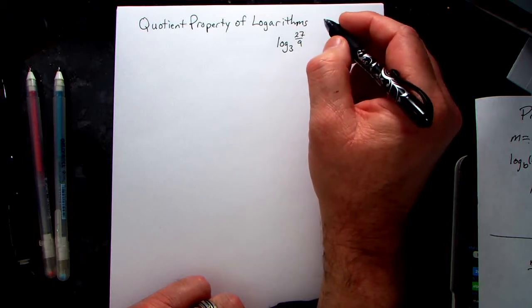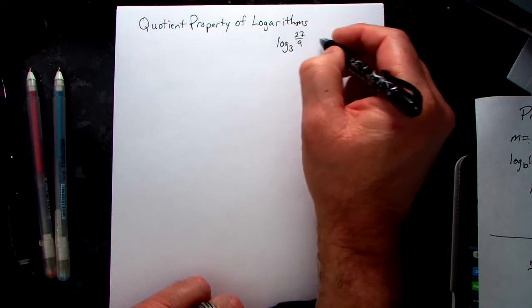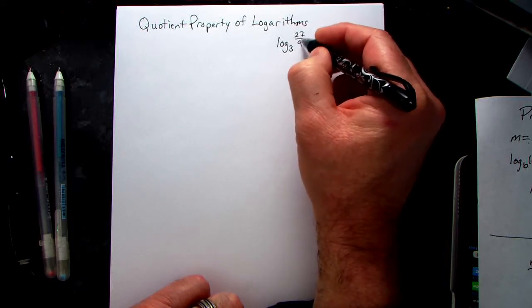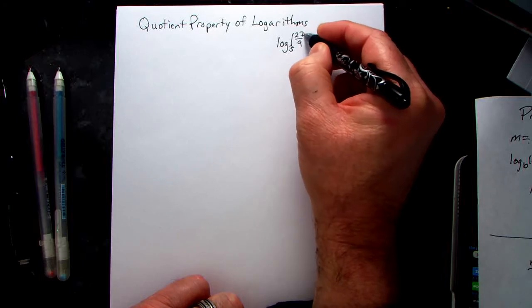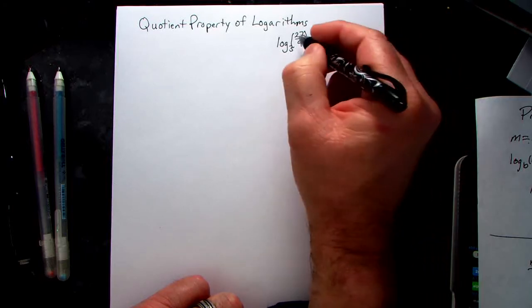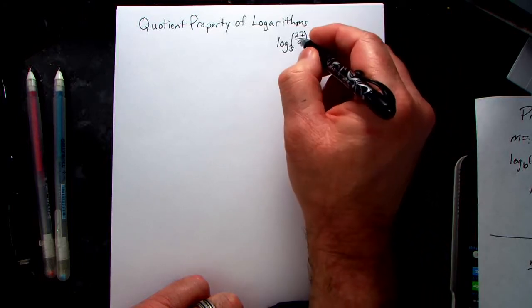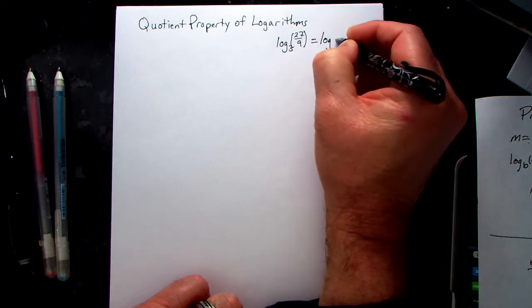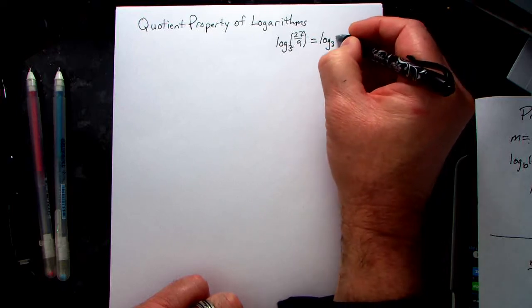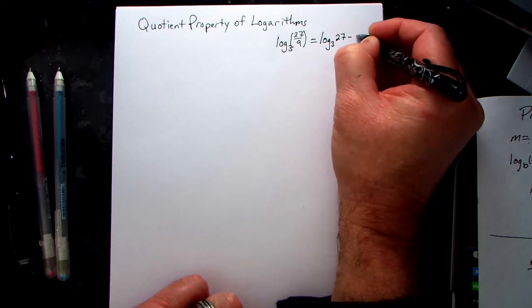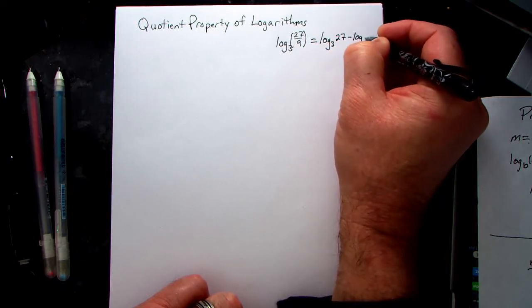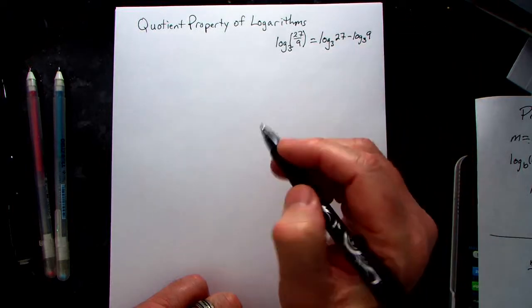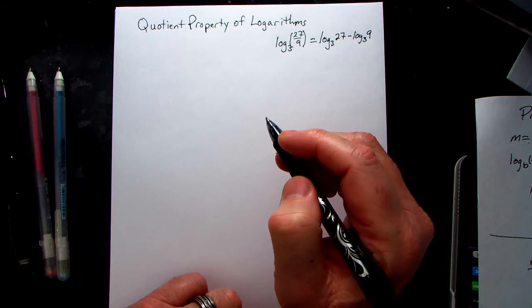The quotient property says that if you have a quotient that's the result of a division in your argument, you can actually write it separately as a subtraction problem. And now we'll see that in fact that is going to work. So that's the quotient property in action.